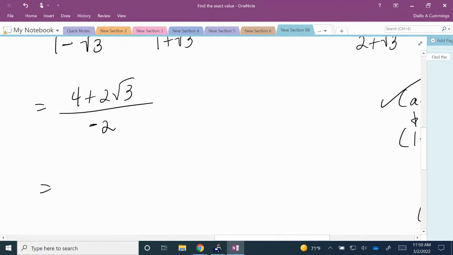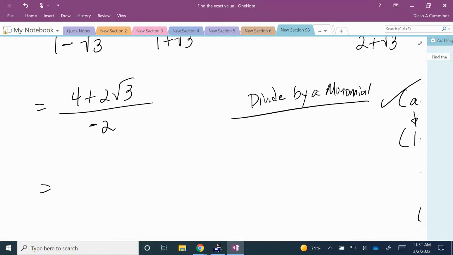Now, lastly, we're going to simplify this. Remember the last time we talked about the divide by a monomial. As I mentioned, this is not really an algebra course, but it's sort of algebra heavy, so I'm just reviewing some of those formulas from algebra.